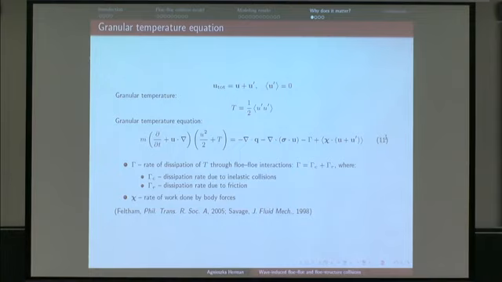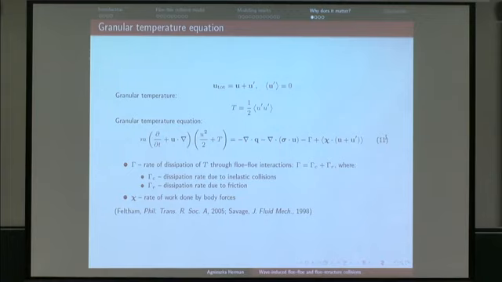And this is related to something Evgeny Aksenov talked about in his talk, the granular temperature and the equations that describe the time evolution of granular temperature, which is simply the kinetic energy of the fluctuating part of the motion of ice floes.